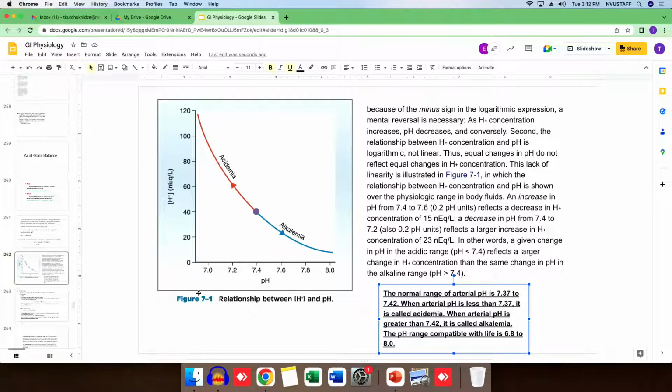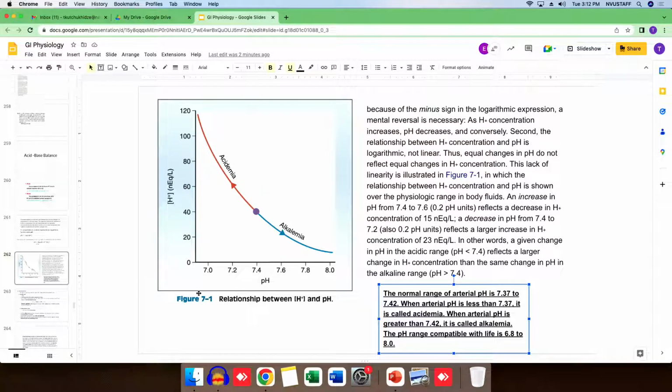Here it is mentioned that if we increase the pH from 7.4 to 7.6, there is a reflecting decrease in the concentration of proton ions, meaning it's not linear, going straight ahead. There is a much larger decrease or increase in the protons depending on what pH we are talking about.